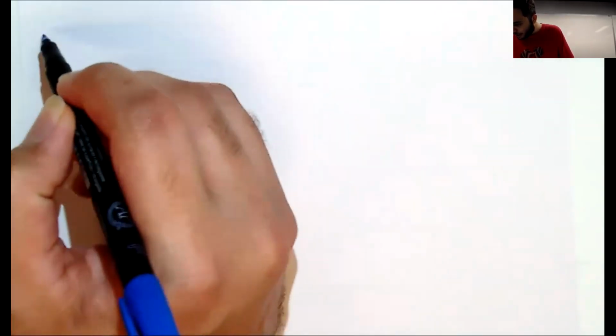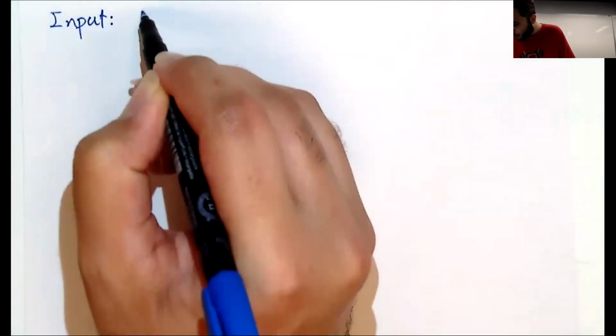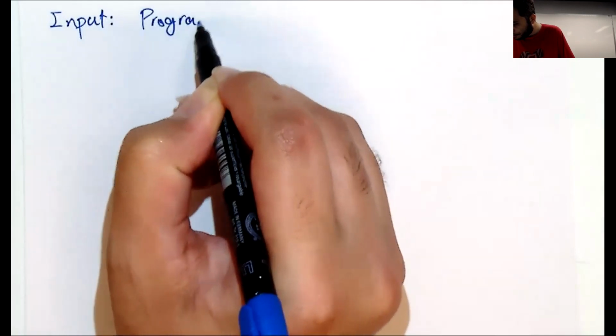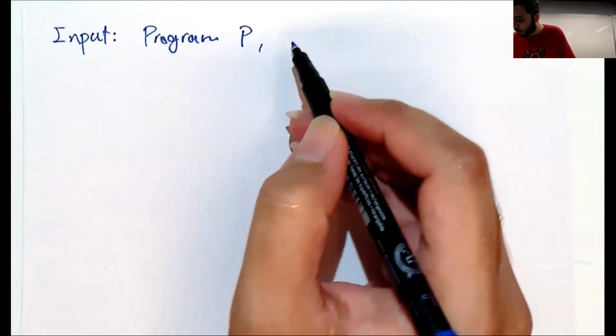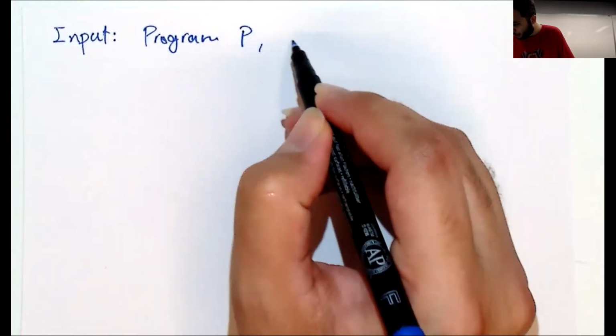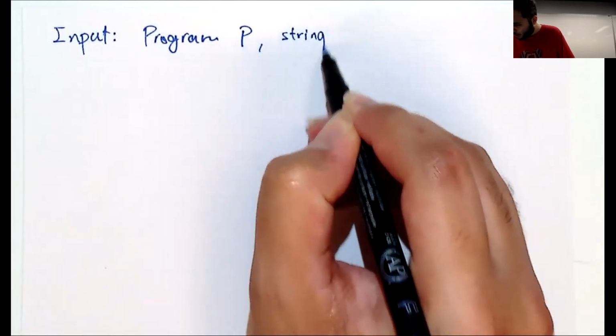So here's the thing. Let's say that, again, my input was a program P. And also some inputs for P, so some string sigma, right?